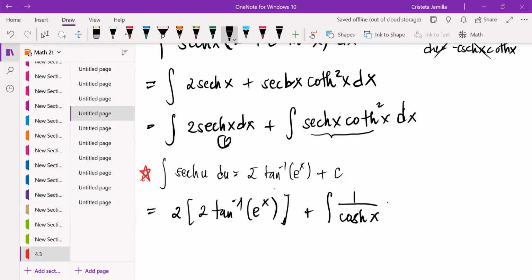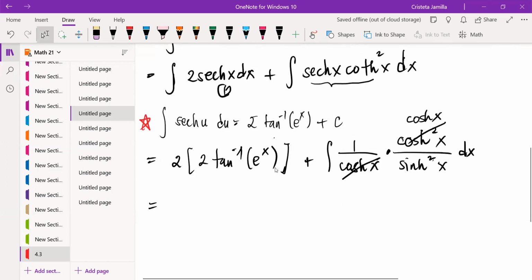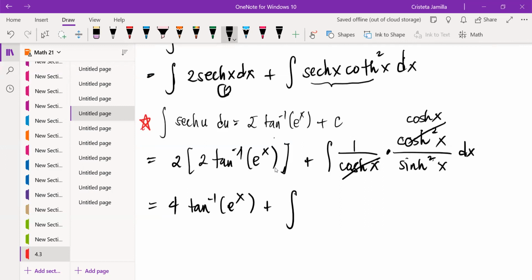And since it's cotangent, we have cosine squared x over sine squared x dx. Cancel. We have one remaining hyperbolic cosine here. So we have 4 tangent inverse of e raised to x plus the integral of hyperbolic cosine of x all over hyperbolic sine squared of x dx.